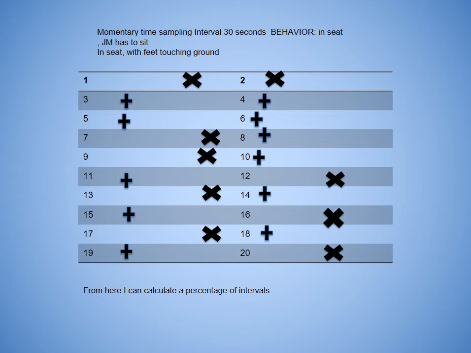Likewise in 4, 5, and 6, the observer looked up, and each time, when the interval was over, Jam was in his seat. So as you can see, the person only has a moment once that signal goes off to see if the person is engaged in the behavior.